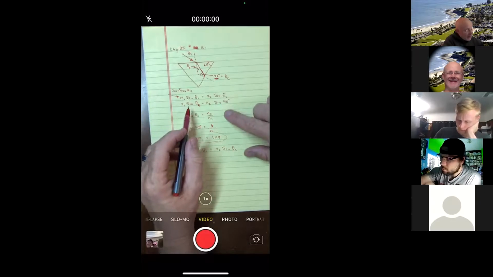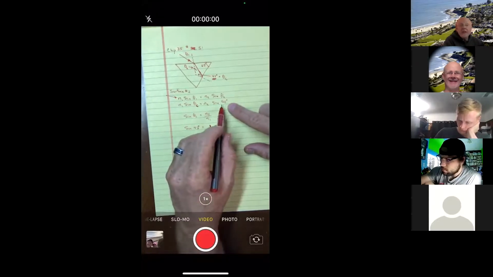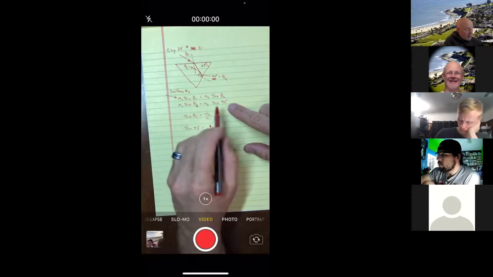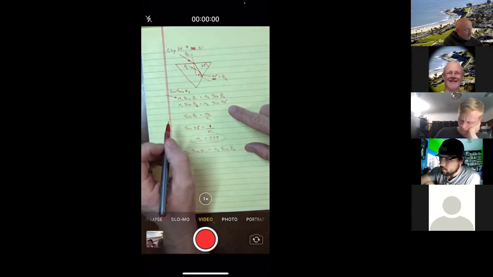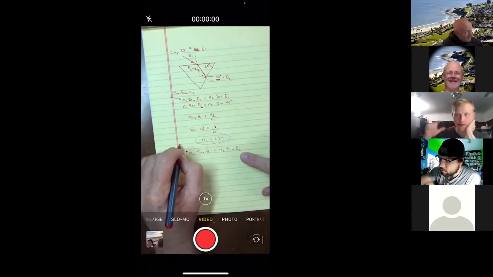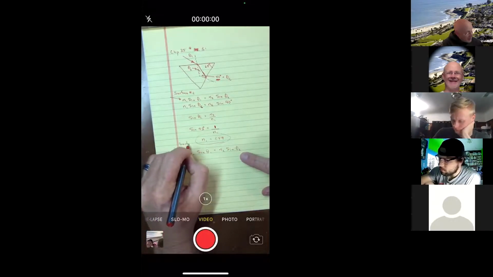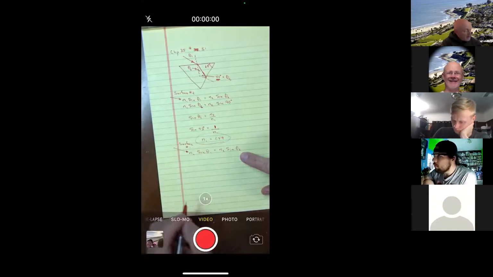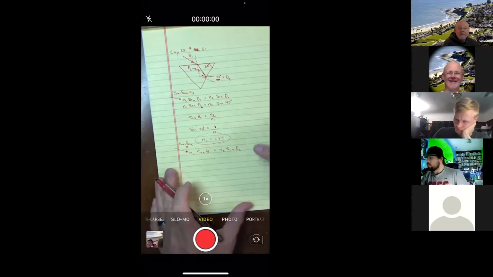That's why I ultimately put 90 degrees here, because they told me it was at the critical angle. But now I'm going to apply Snell's law where the light is coming in, and that's surface number 1.